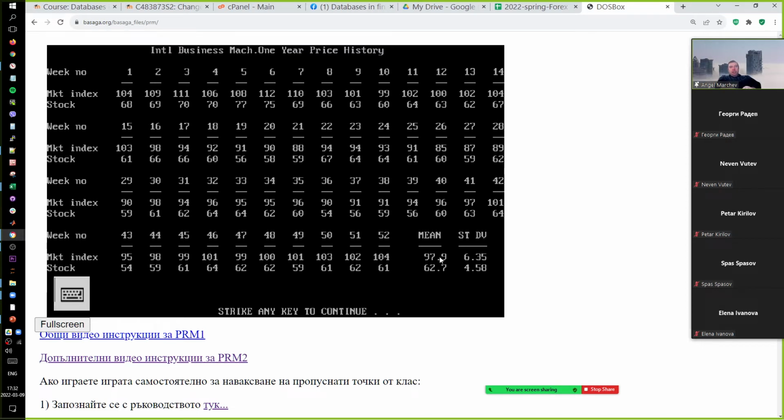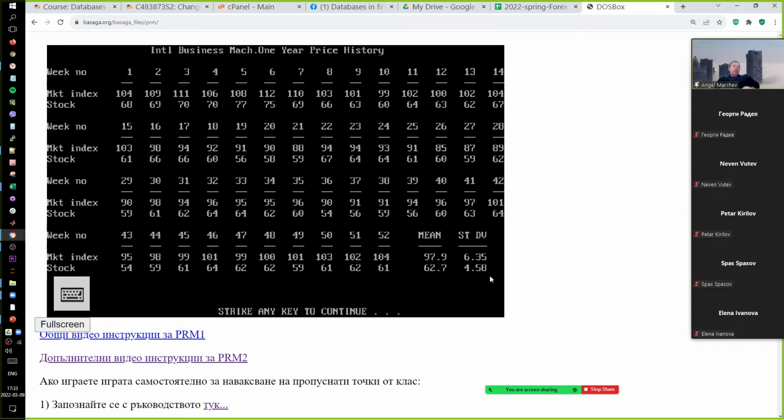The mean is 97, almost $98 for the market index for this historical period, and the standard deviation for it is about $6 and something, and the mean for the IBM stock is 62 or 63 almost, and the standard deviation is 4.58, which, if we compare 4.58 to 62, is a little bit more volatile than the $6 compared to $98.